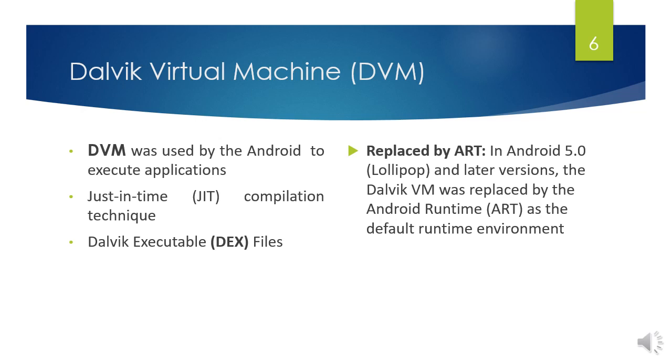Dalvik executed applications in a special format called Dalvik Executable, DEX, which is optimized for mobile devices. Later, it was replaced by ART in Android 5.0 and later versions. The Dalvik virtual machine was replaced by Android Runtime as the default runtime environment.